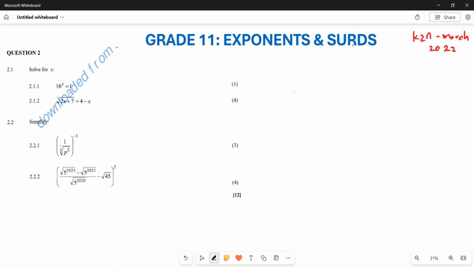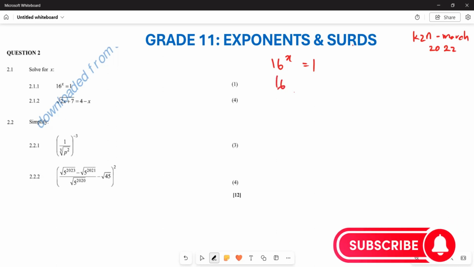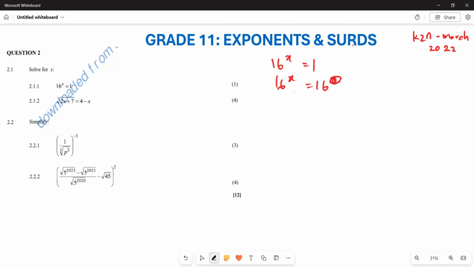Now, 2.1.1. The first one: you are given 16 to the power of x is equal to 1. Now, they want you to solve that. As you can see, that is going to be 1 mark, which means you just need to represent the 1 in terms of a power of 16. So 16 to the power of x is equal to 16 to the power of 0, because 16 to the power of 0 is the same as 1.